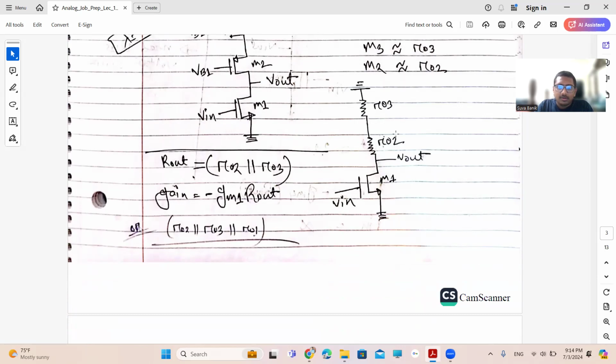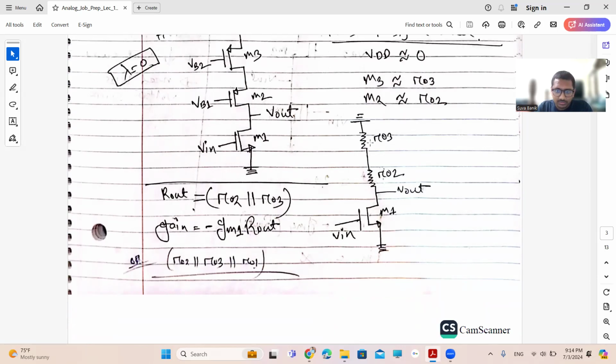So, okay, let me check. I wrote here this two transistor in parallel. Okay, let me think. Out.